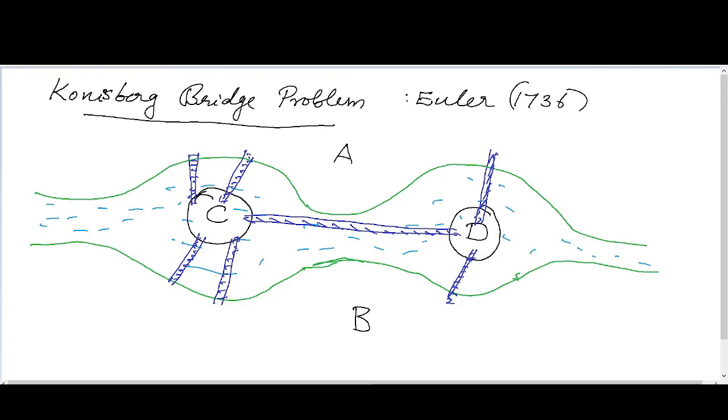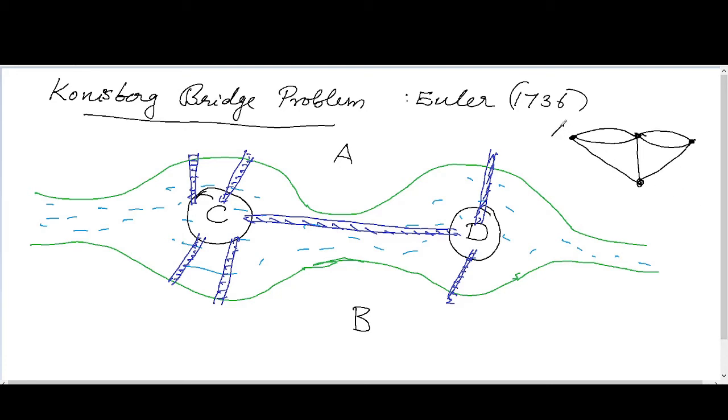Now we can draw the graphical representation of the Königsberg bridge problem like this. Here the land areas are denoted by vertices and the bridges are denoted by edges.